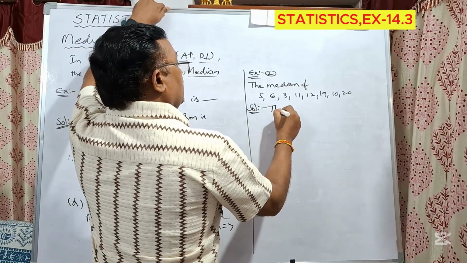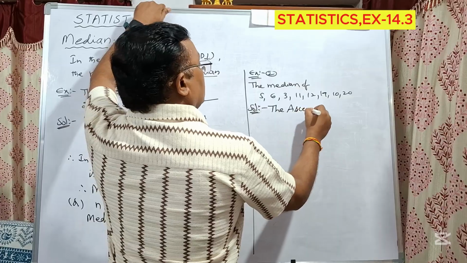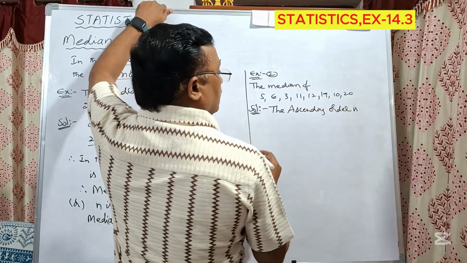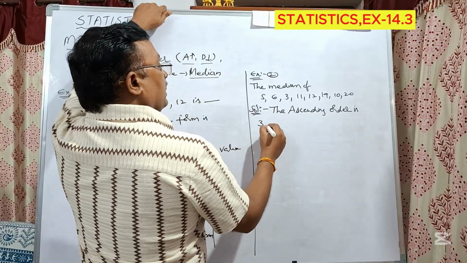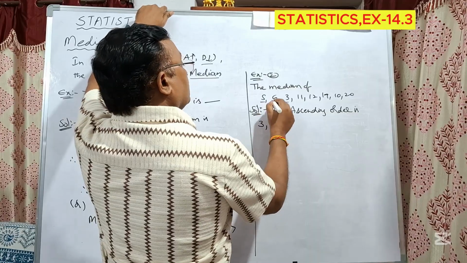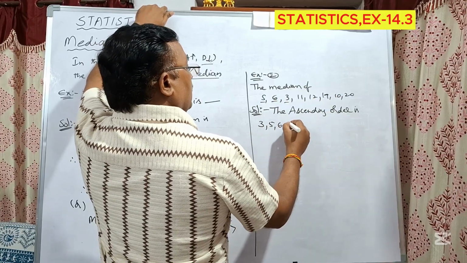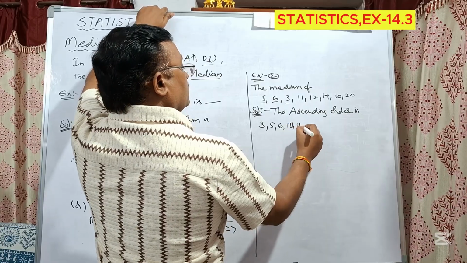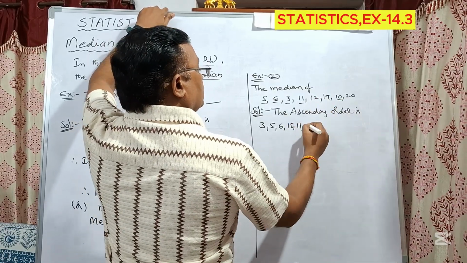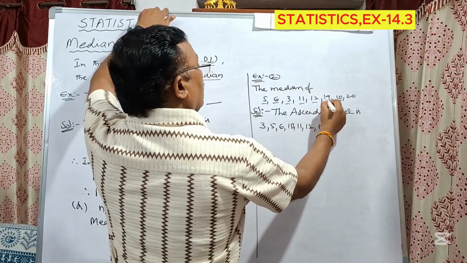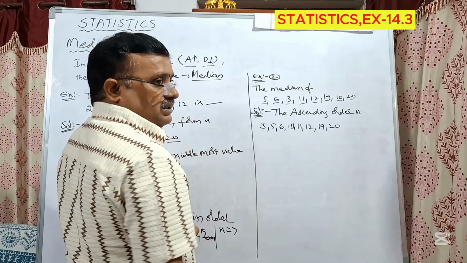The ascending order is: least value 3, next 5, next 6, next 10, next 11, next 12, next 19, next 20. All observations are arranged in ascending order.